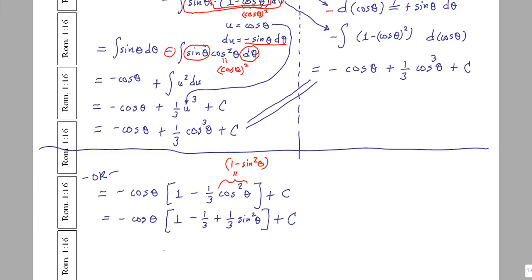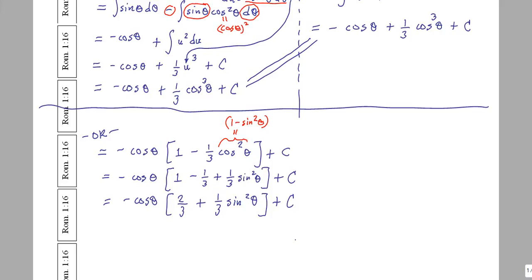And then 1 minus a third is 2/3. And so I get minus cos theta, open bracket, 2/3 plus a third of sine squared theta, close bracket, plus the constant of integration.